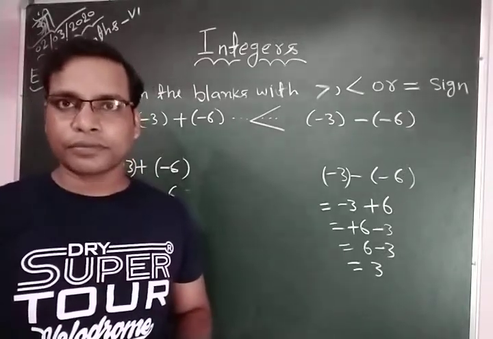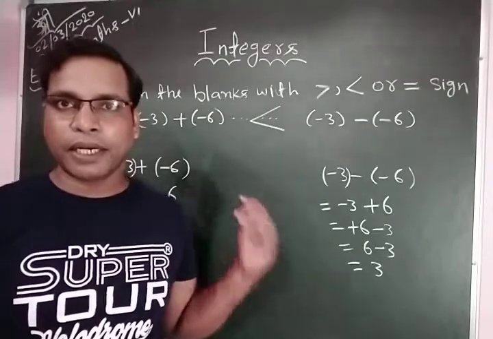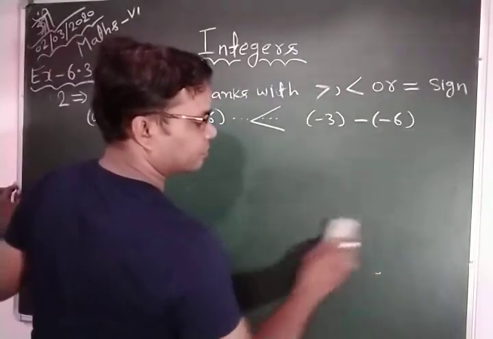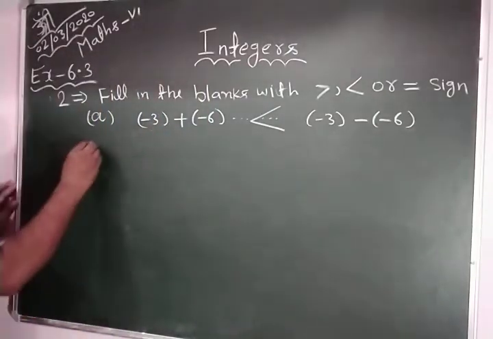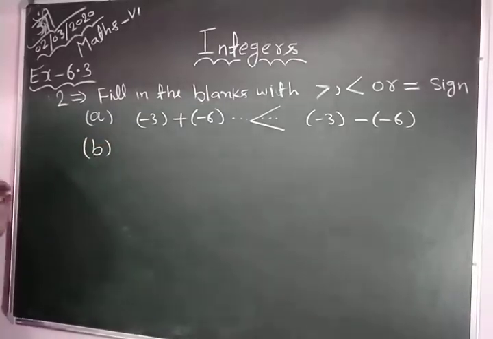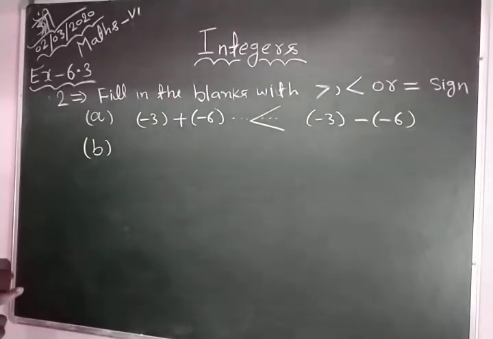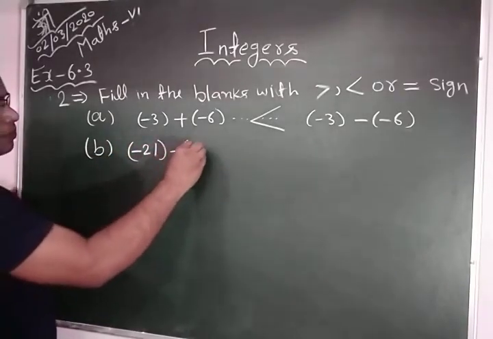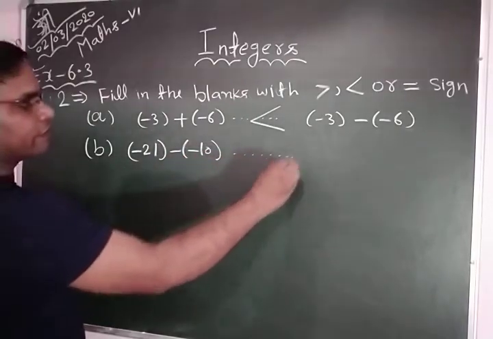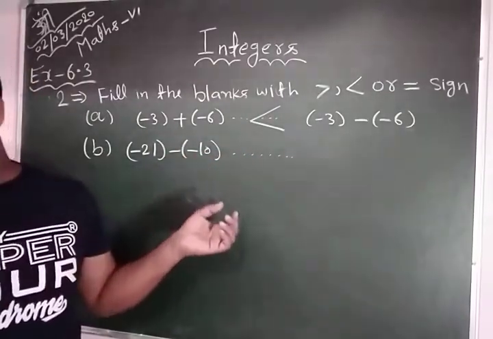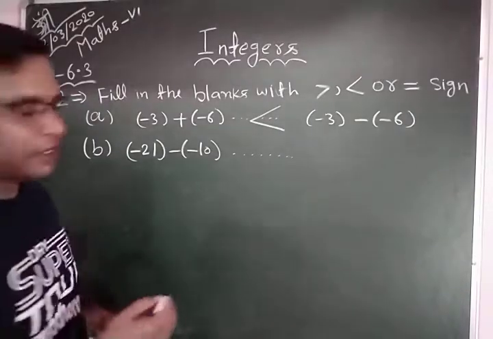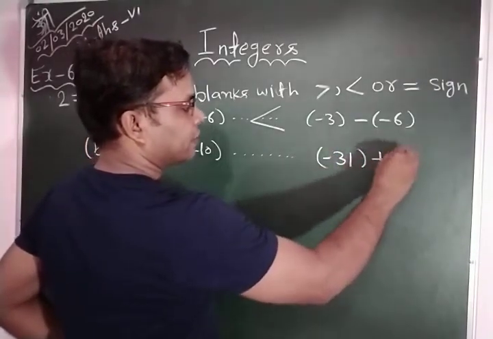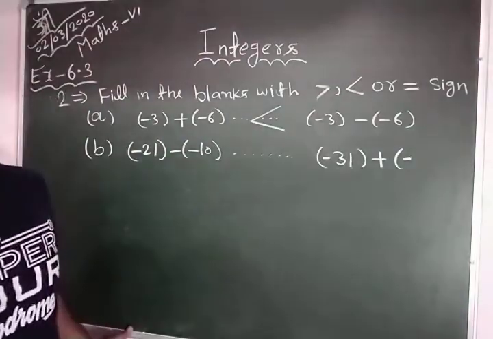Okay, now we are going to discuss part B of this question number 2. Part B of this question is minus 21 minus 10, this is a blank space, and after this minus 31 plus minus 11.